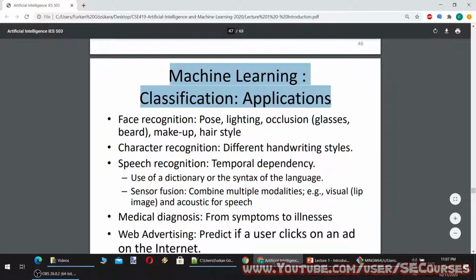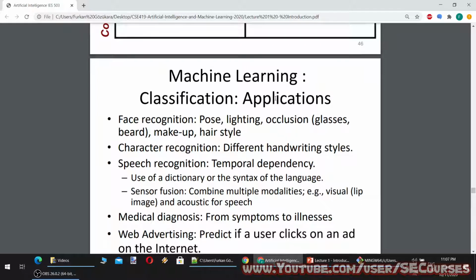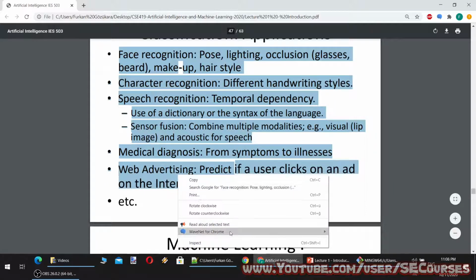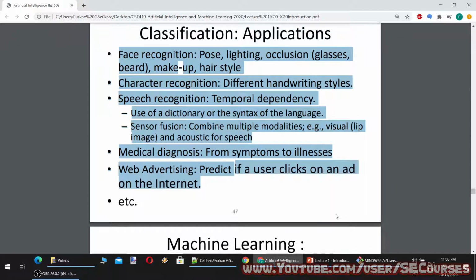Let's continue. Machine learning classification applications. Classification is one of the most used applications of machine learning. We use classification in so many areas, and let's look at some of them. Face recognition: pose, lighting, occlusion, glasses, beard, makeup, hairstyle.